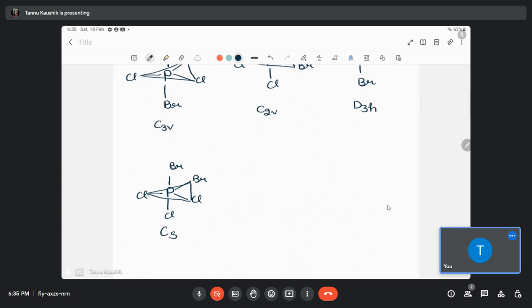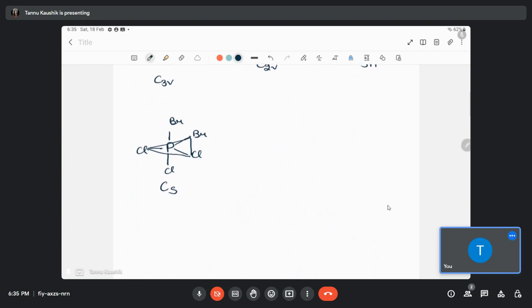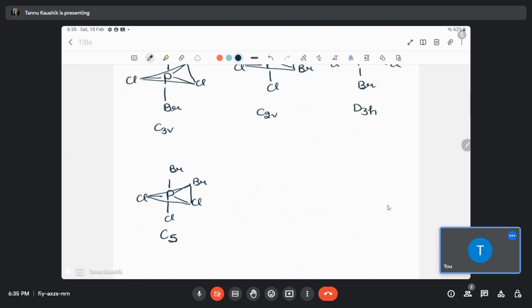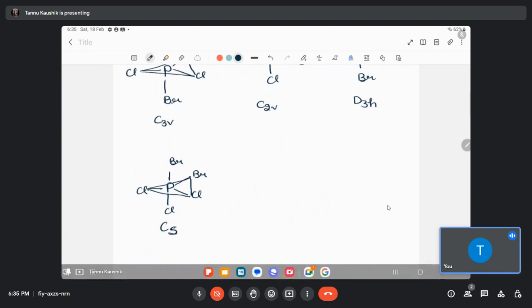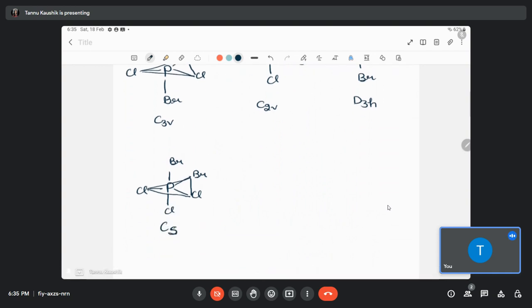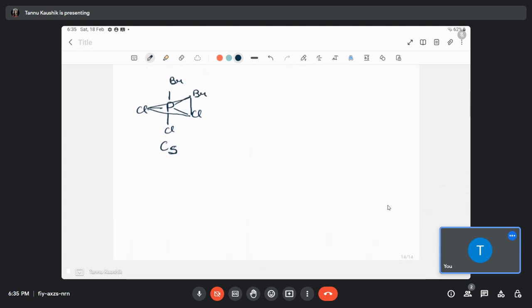That is, you will have only one sigma plane and one identity operation in this point group. So please practice these four molecules yourself and find out how you reach these point groups. Okay.